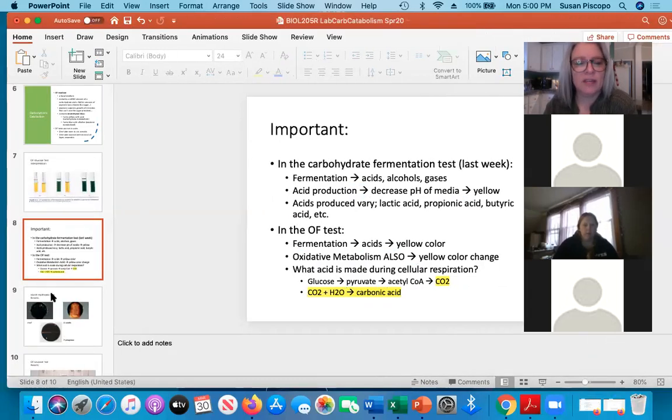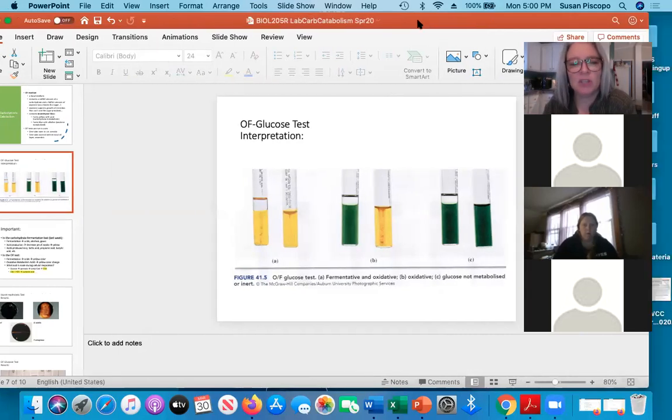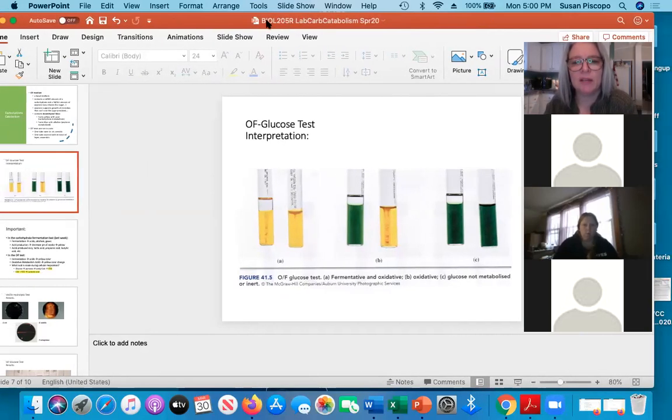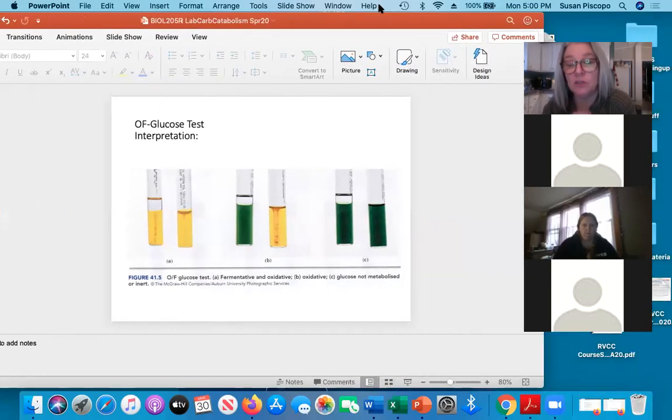So I'm going to go ahead. This is the slide that we looked at right before we went onto a break. And again, this is the way that we interpret an OF glucose test. And remember, we put glucose in primarily because this isn't about figuring out all the different sugars that a microbe can make use of.